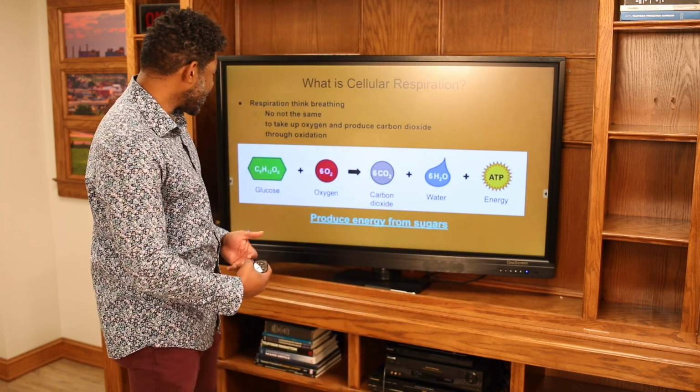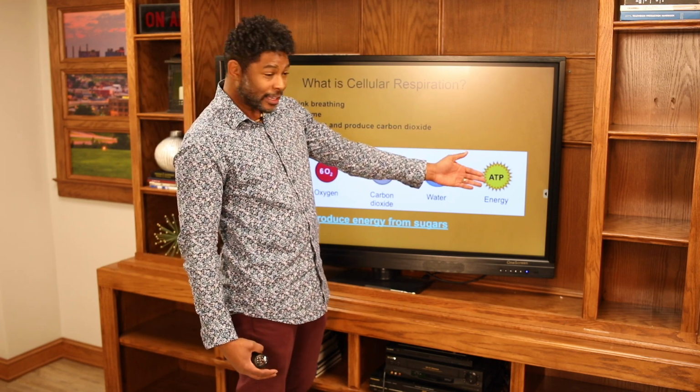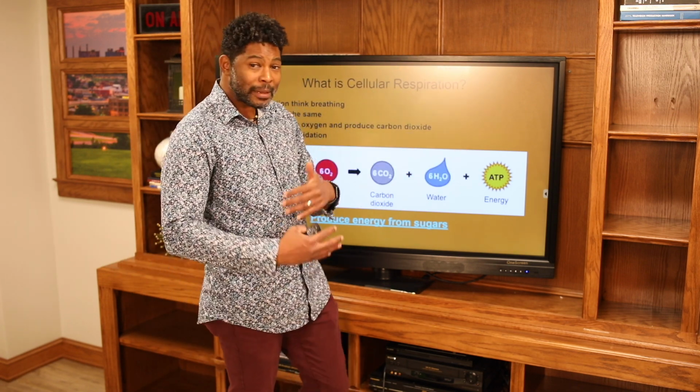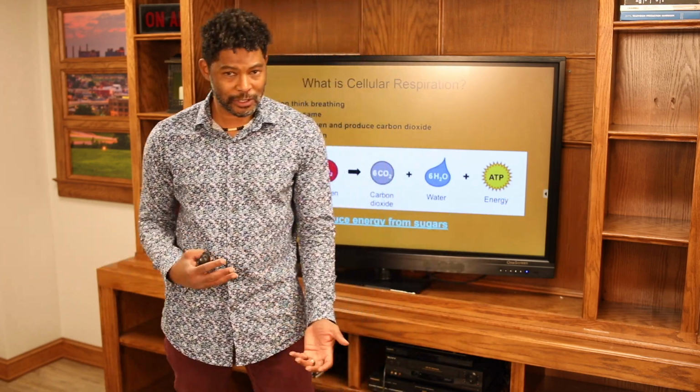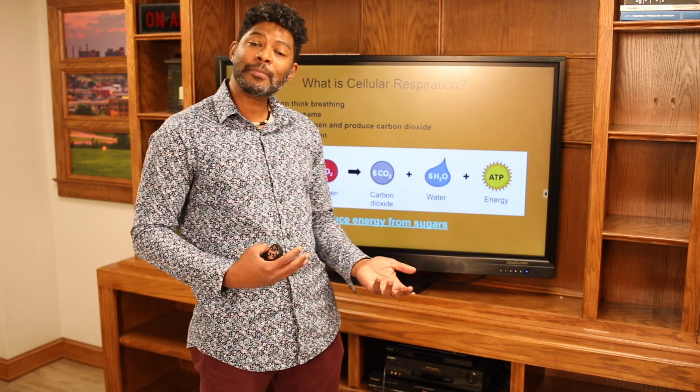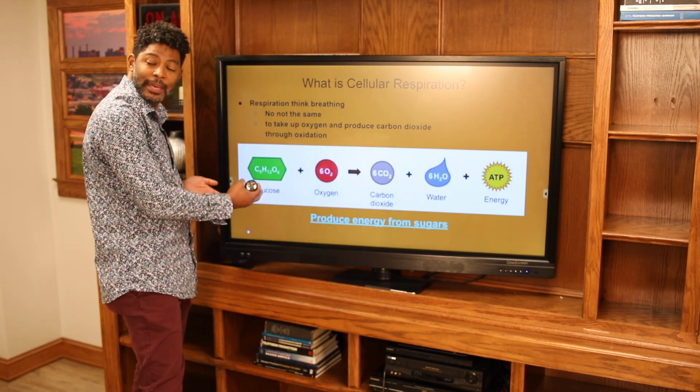It's like, this is your job, that's your money, and you're going to need your money to be able to do all the things that you want to do. So for us to do everything that we need, we have to take in energy. The energy that we're talking about right now is sugar, and that sugar being glucose.